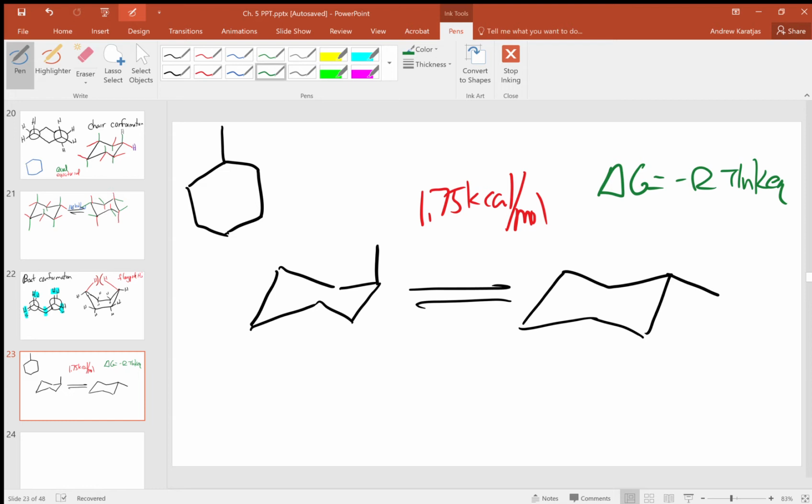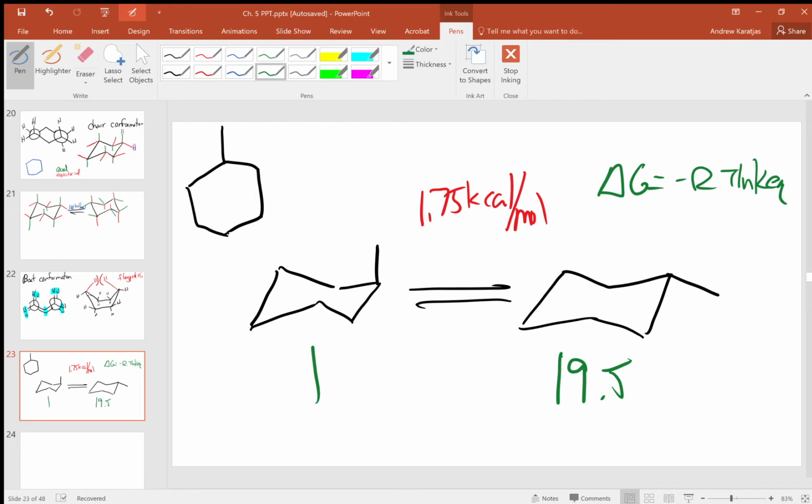And so if we know the energy difference, we can get that to correspond to some sort of equilibrium ratio. And the ratio here is that the equatorial is favored by almost 20 to 1. So at any one given time, if we have methyl cyclohexane, approximately 95% of it will have the methyl group equatorial, and about 5% will have it axial.